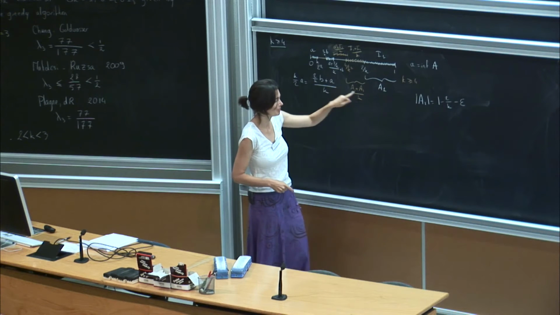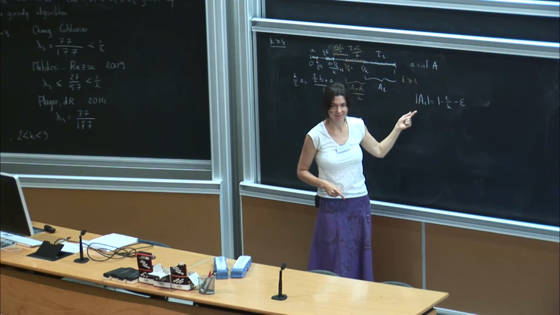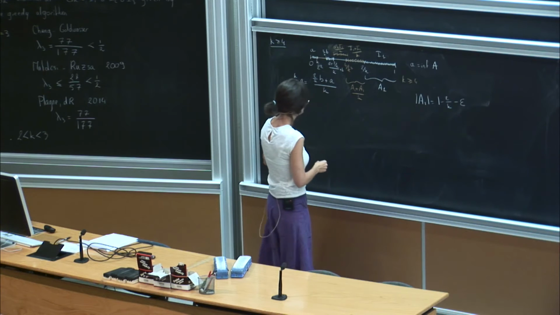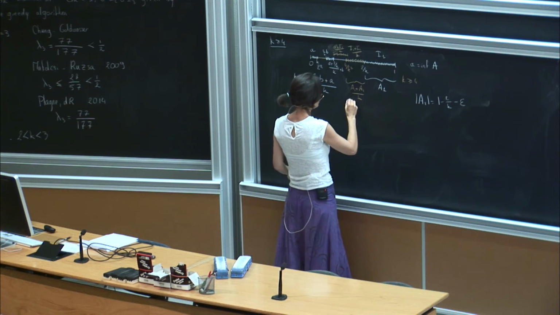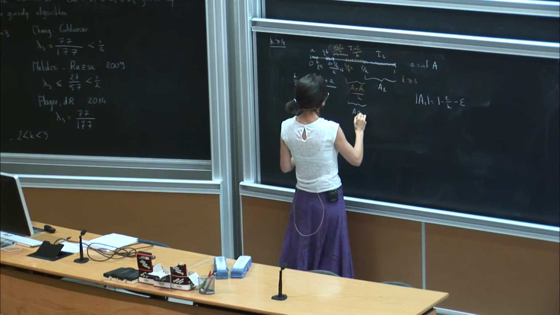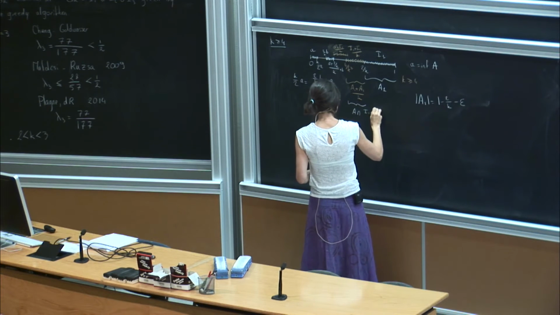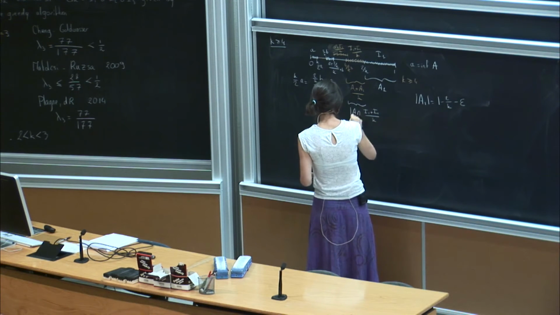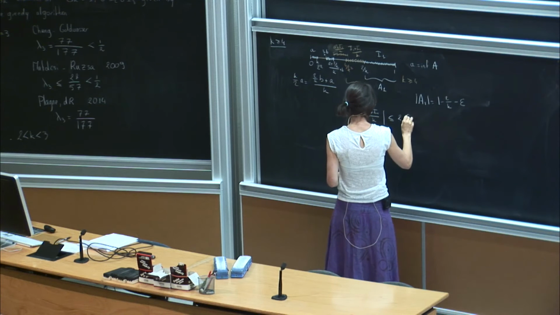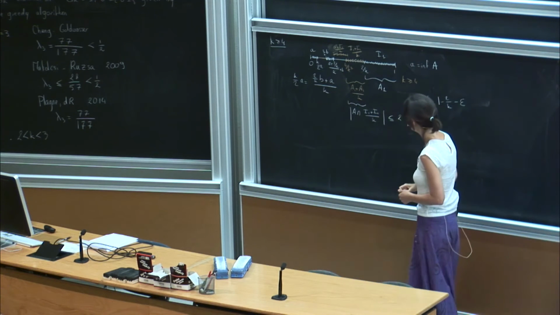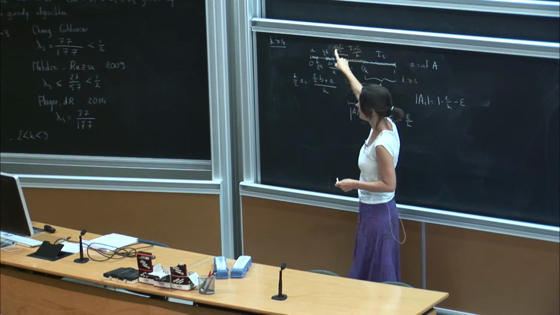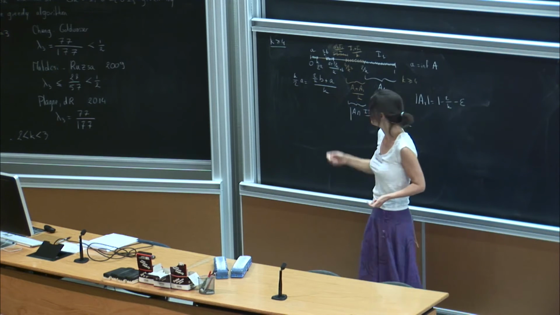No, sorry, 2a1 over k. Okay, so here we will have A intersected with this set, which is less than 2 epsilon over k. And if you look at this interval here, then that's the same.